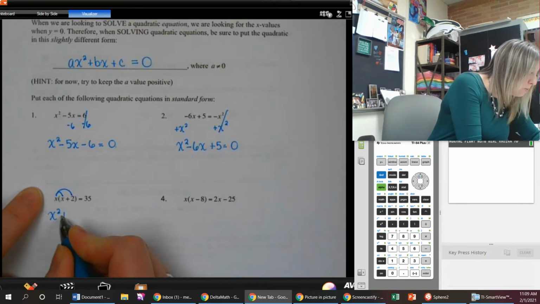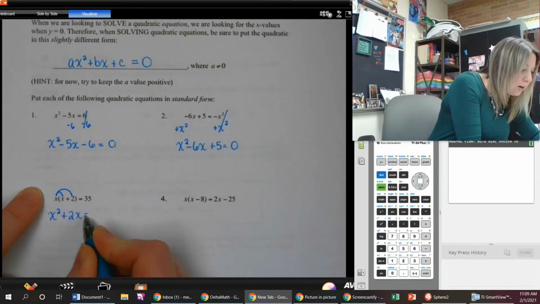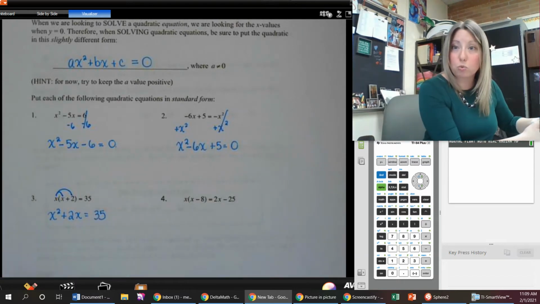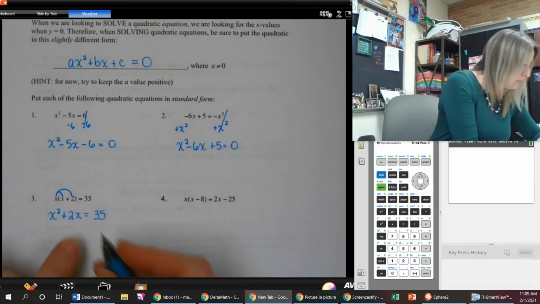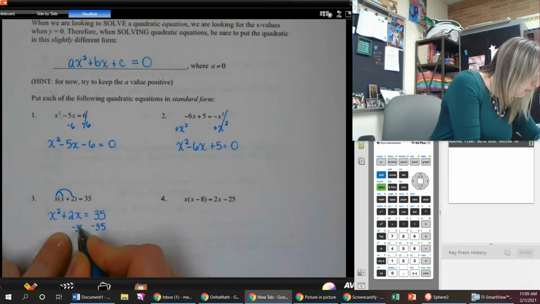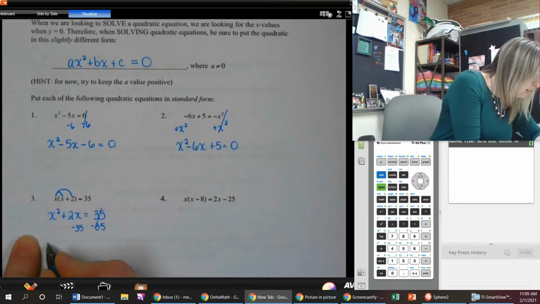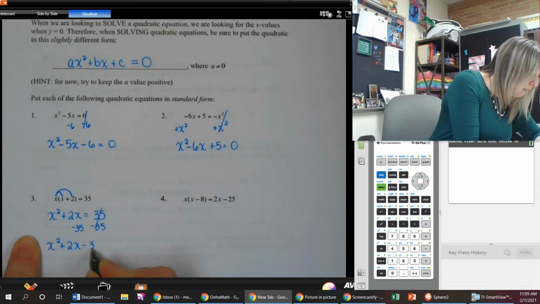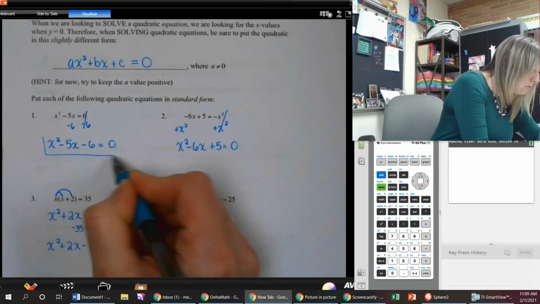X times 2 gives me my plus 2x. Now I bring down my equal sign and my 35. Well, I've already got a positive x squared on the left-hand side, so let's subtract that 35 from both sides. And that 35, of course, needs to go at the end here. So x squared plus 2x minus 35 equals 0.